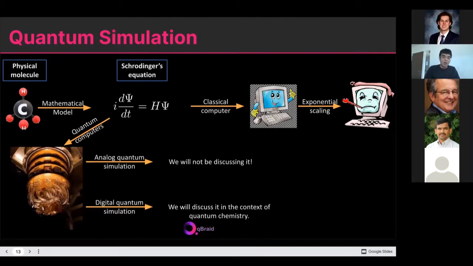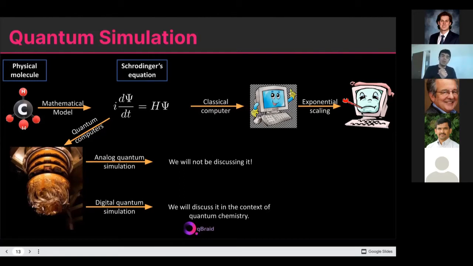Analog quantum simulation is similar to the idea that I described by Feynman, where you have this controllable quantum system which is governed by similar equations to the exact system you want to study. So that's the place where you somehow map the systems and parameters, in a scaled down version, and you study the system. This is something that we will not be discussing today.